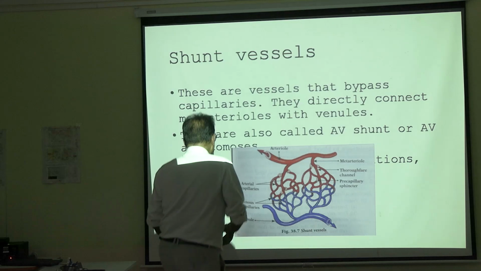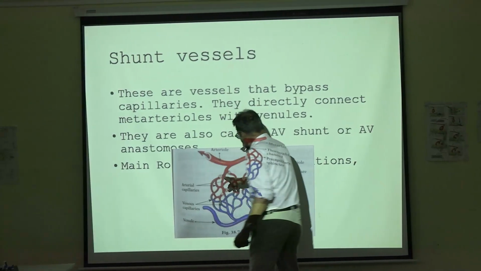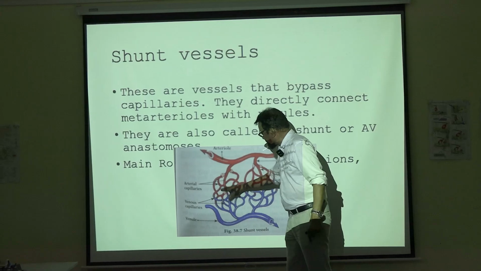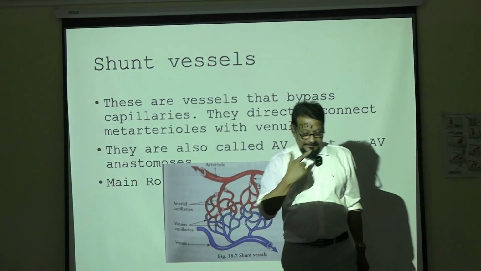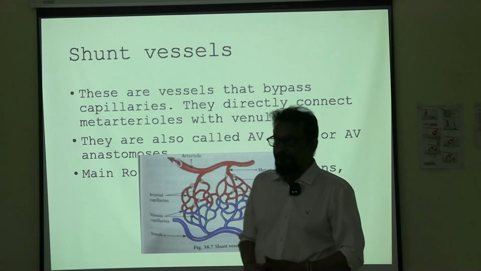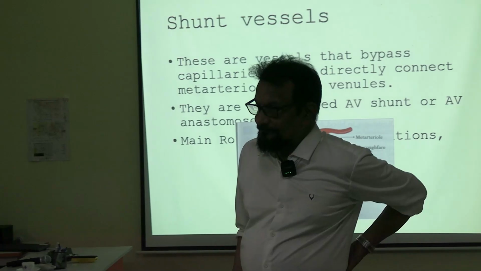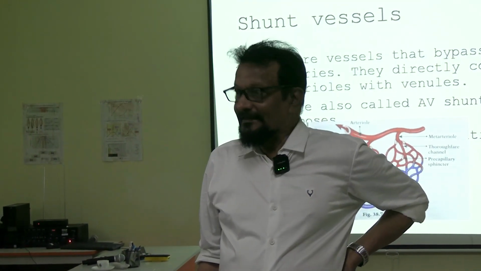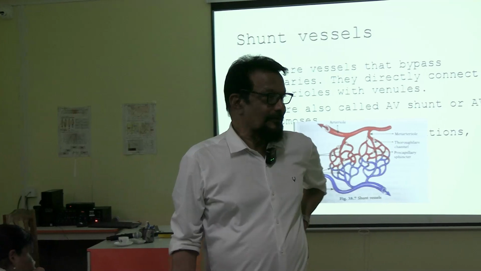Can anybody tell me what this is? These ring-like structures? Precapillary sphincters. What is their function? They are under neural control. What is their function?